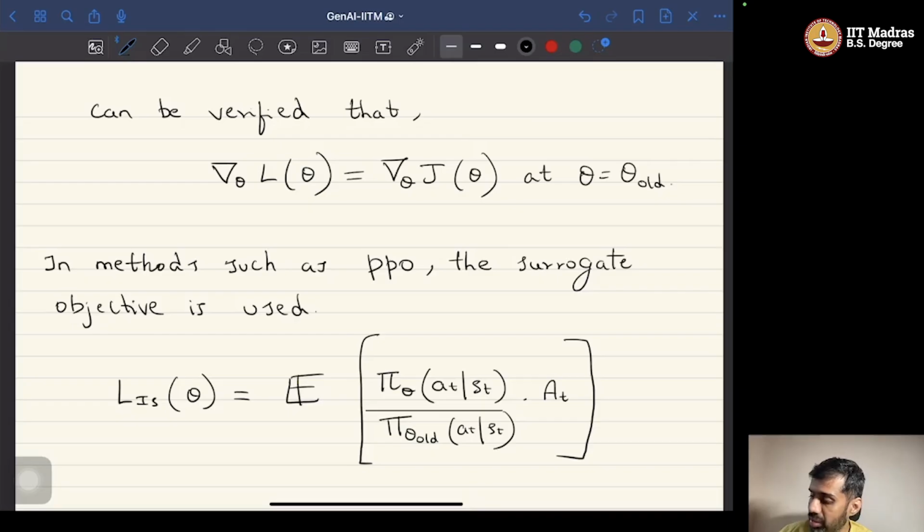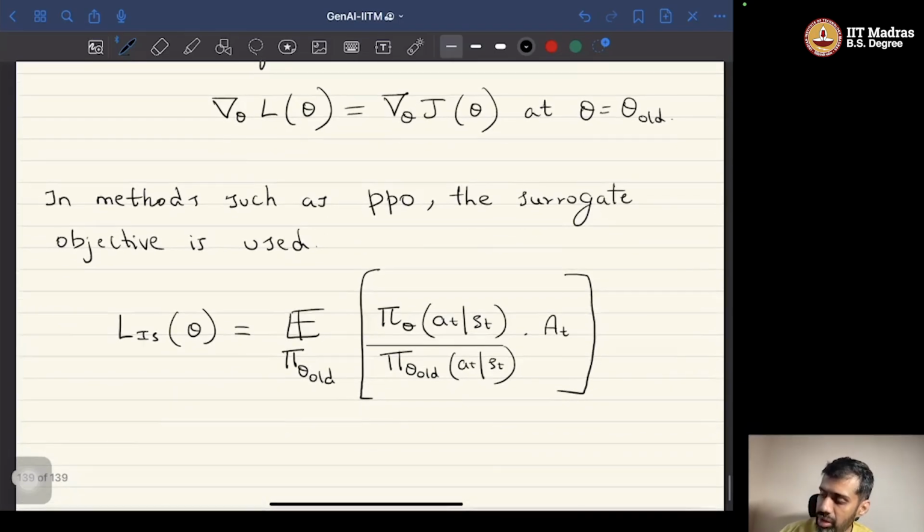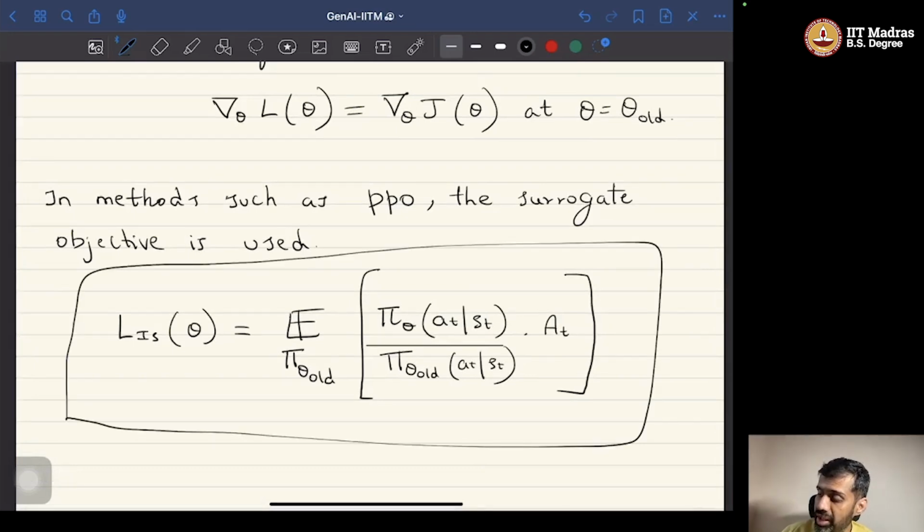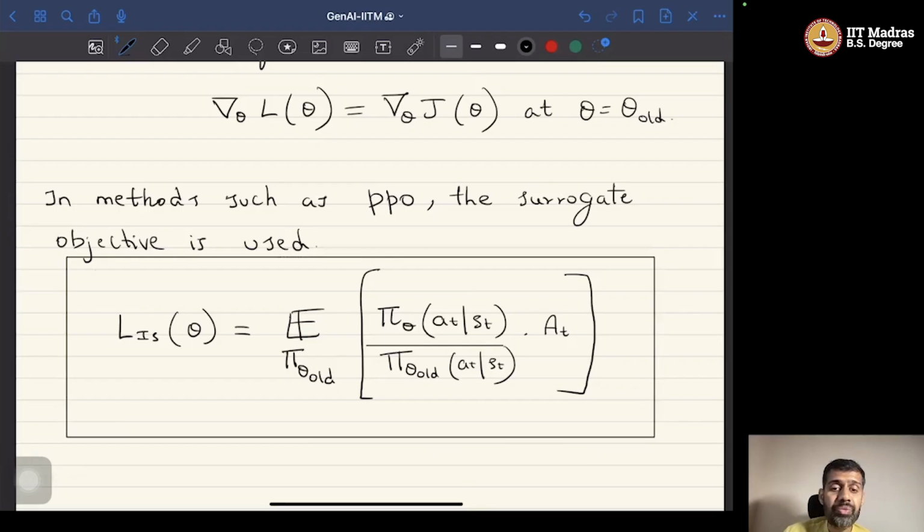So this expectation now is with respect to pi theta old, right? This is what we derived using the importance sampling idea, where the objective now involves the ratio of the two density functions, which are two different policies, the old and the new policy, and the expectation is with respect to an old policy, theta old, that is not getting updated during the policy updation, right?